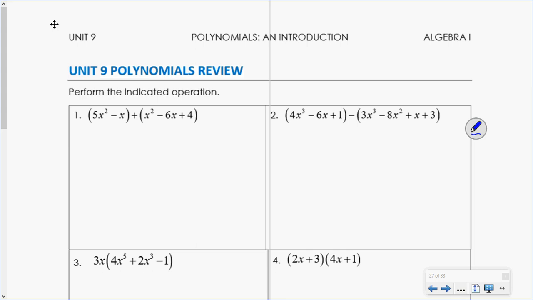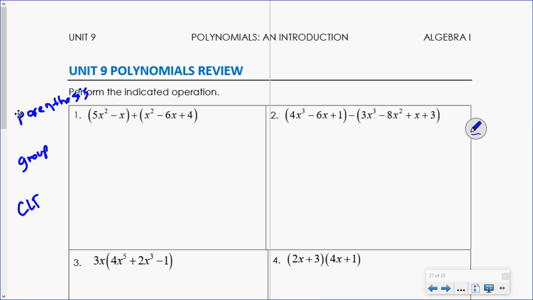Okay, so when we're adding or subtracting, the first thing we want to do is work on ridding ourselves of parentheses. Then we want to group our like terms, and then we want to combine the like terms to get our final answer.